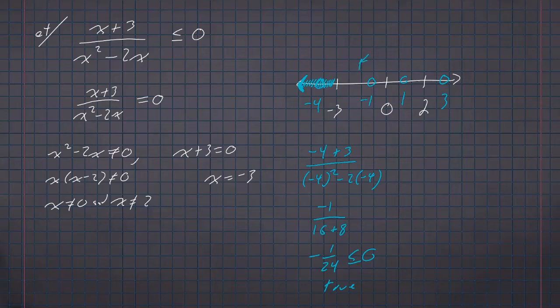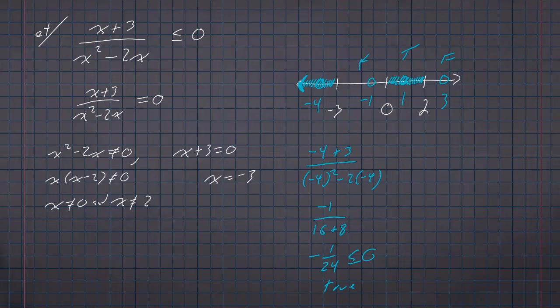So we are false in that region. When I plug in x equals +1, I get -4, which is definitely less than or equal to 0. So we're true in this region. When I plug in x equals 3, I get 3, which is positive, not less than or equal to 0. So we're false there. All right. So I fill in that region between 0 and 2. The other two regions stay empty.